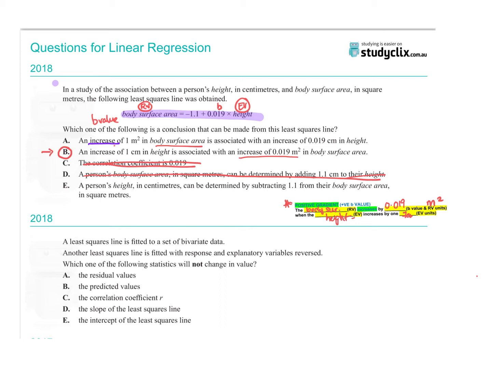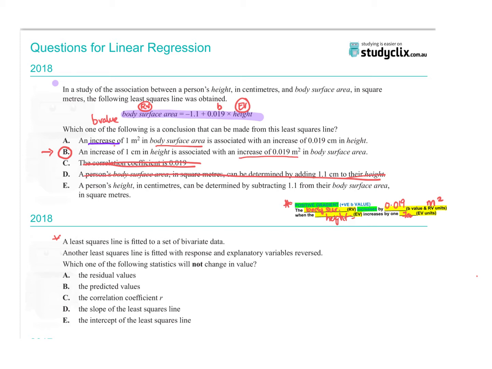Okay, in this next one, the least squares line is fitted to the data. Another least squares line is fitted where they swap the response and the explanatory around. Which of the following statistics would not change? Definitely the residuals would change and the slope would change.